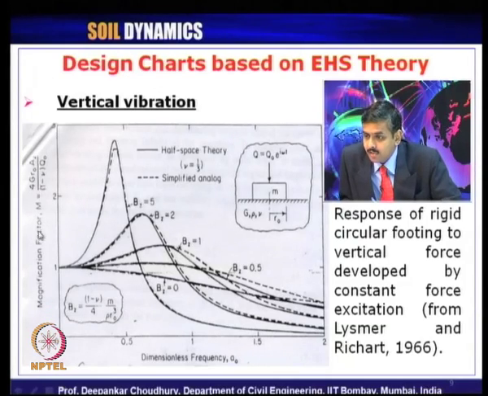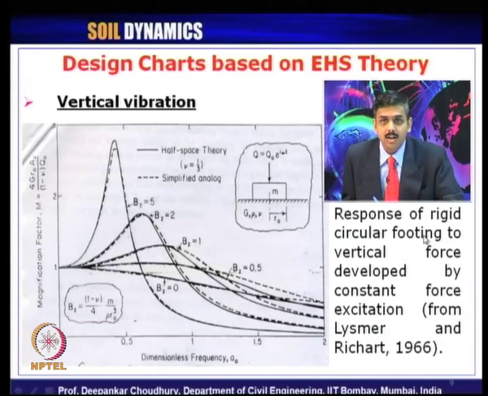The magnification factor M can be calculated in this way, and for different values of B z, they are found to be matching very well, because basically it is nothing but taking care of the Poisson's ratio in the equation. Finally, they have regenerated this design chart. That is why it has to match.